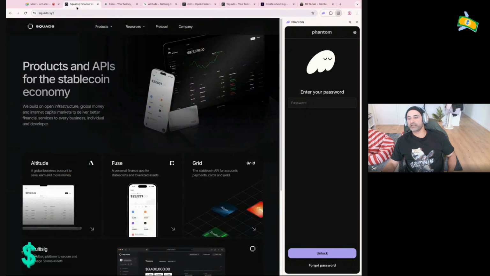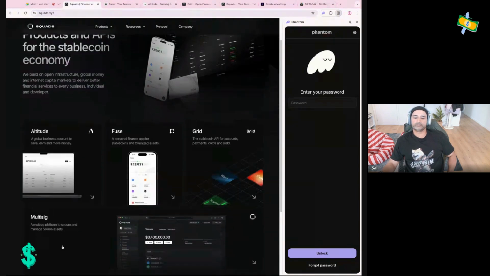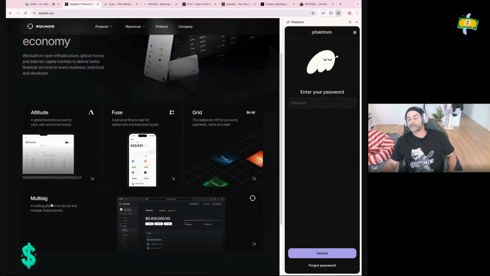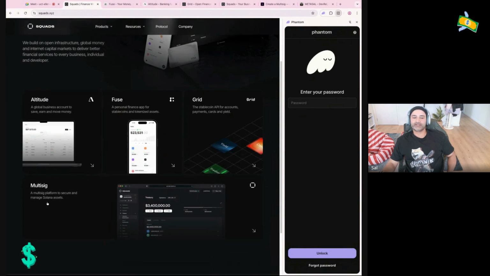So the first thing we'll go through is what is a multisig? Can any of you tell me how you would define what a multisig is? No takers? Okay, the best way to explain it is multiple signatures that are required to ensure a transaction or a message is executed.